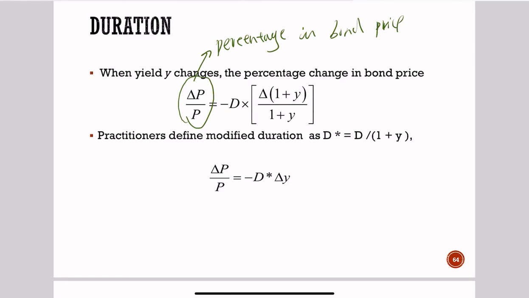And what is D here? D here is just duration. What is Y? Y here is the yield.